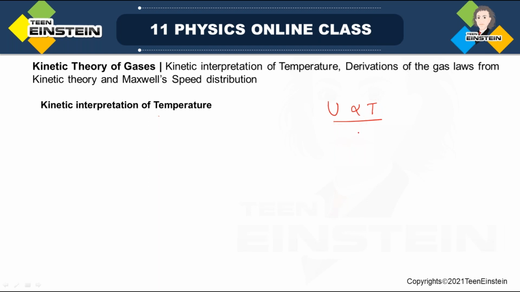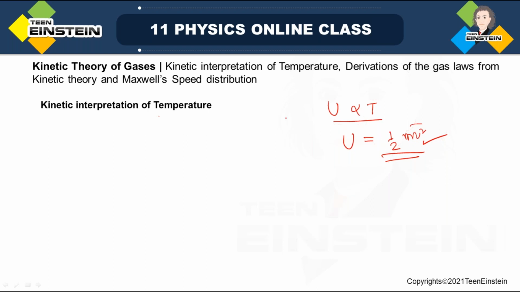For ideal gas, this internal energy is equal to average kinetic energy of the molecules. For ideal gas there is no potential energy, so only kinetic energy, and that too if we take translational kinetic energy alone.